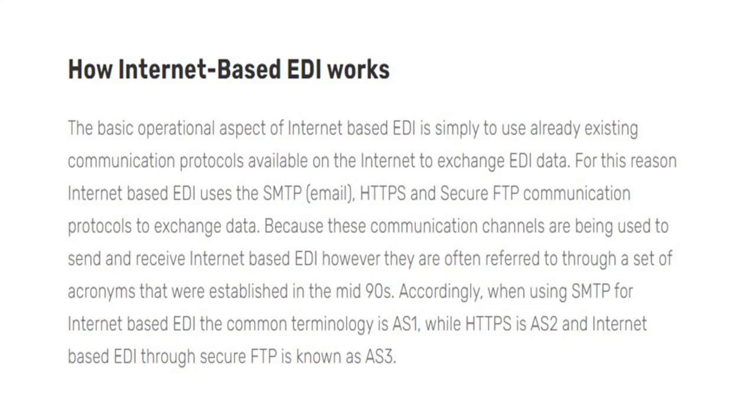These protocols, SMTP, HTTPS, and FTP, were established in 19. For internet-based EDI, SMTP is the common technology in AS1, while HTTPS is AS2 and FTP is known as AS3. These are the security protocols. AS1, AS2, AS3 are the protocols that we will understand in this unit 2.